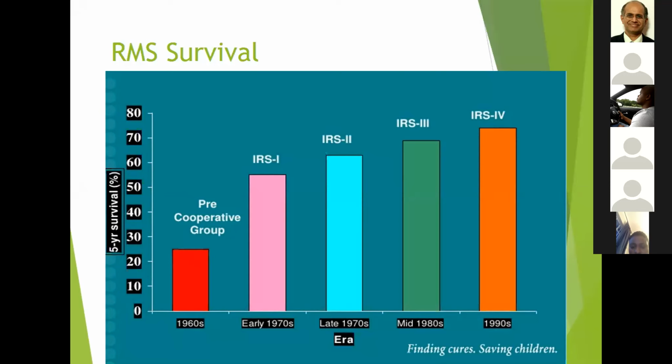But now you can see it's gone up from just below 30% in the 1960s. By the 90s already, it was going over 70%. So the IRS group has really revolutionized the management of these rhabdomyosarcomas.